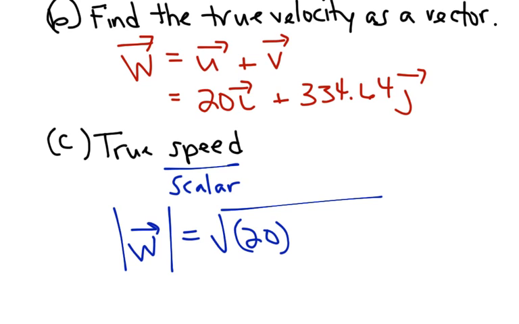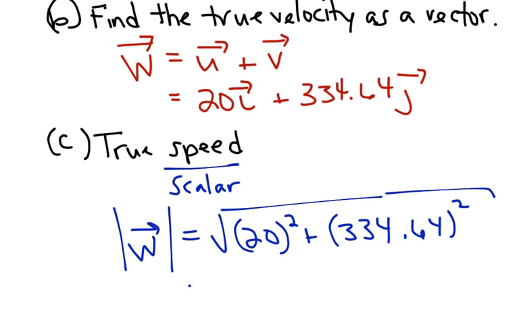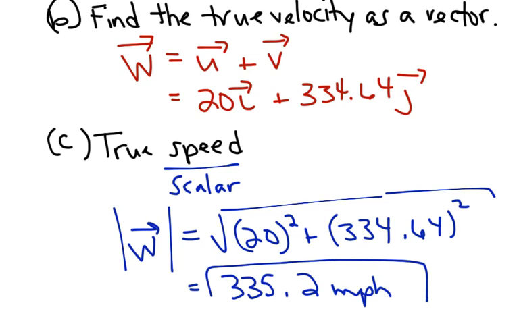You find the magnitude by taking the square of each component, adding them, and then taking the square root of that quantity. When you do that, you will get approximately 335.2 miles per hour. So the wind is actually making the plane go faster.